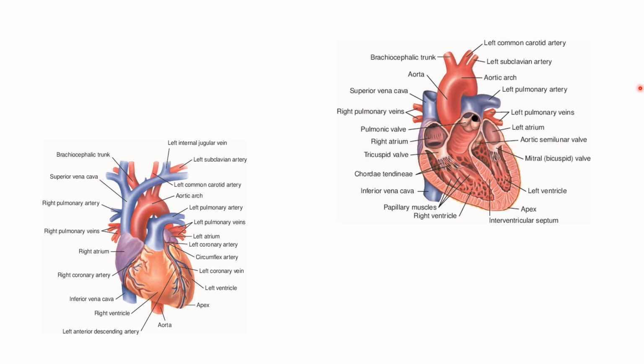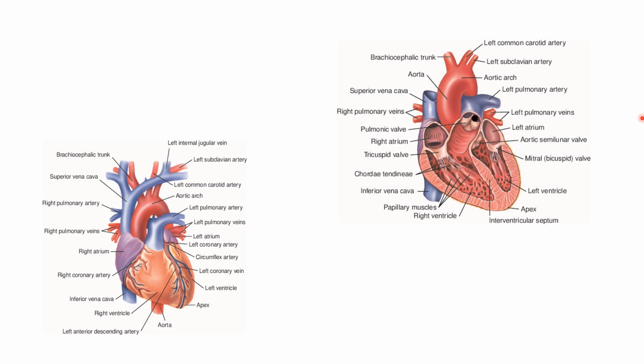The heart is divided into four chambers, which consists of an upper chamber, and the upper chamber consists of the right atrium, displayed here, as well as the left atrium. And this is the interior view, the right atrium, left atrium. The anterior view, here is the right atrium and the left atrium.